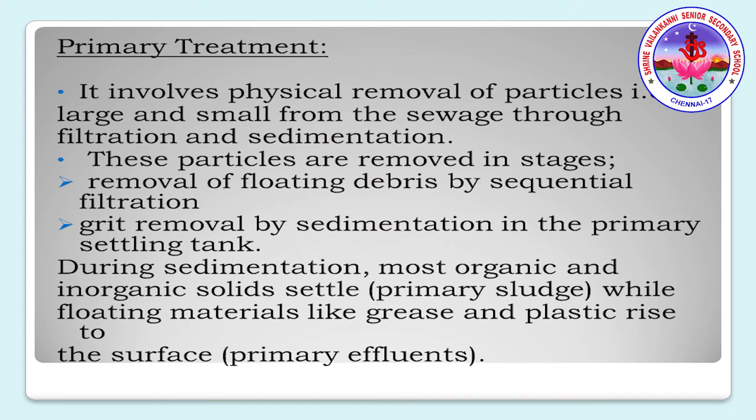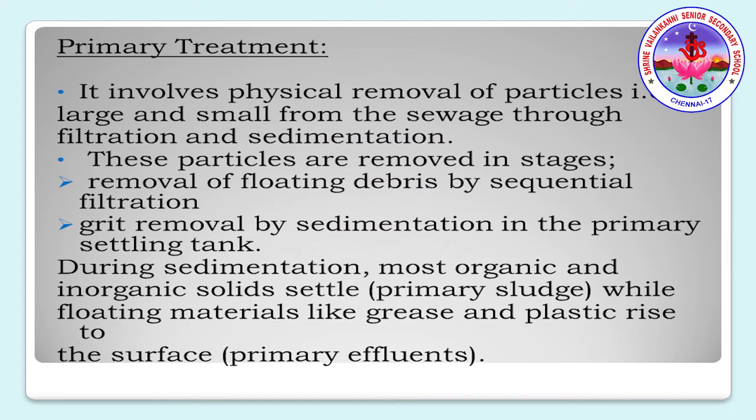During sedimentation, most organic and inorganic solids settle, and we call that primary sludge, while floating materials like grease and plastic rise to the surface, called primary effluent. Here we have a question: what is the difference between primary sludge and primary effluent?